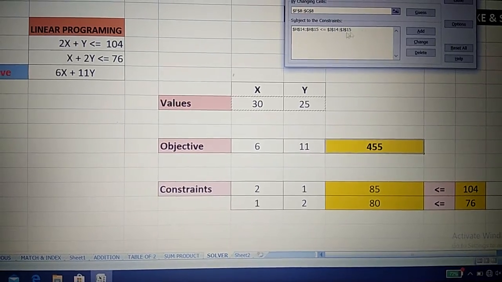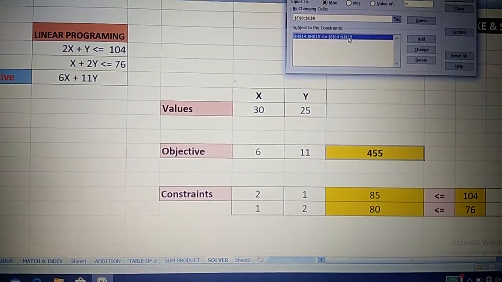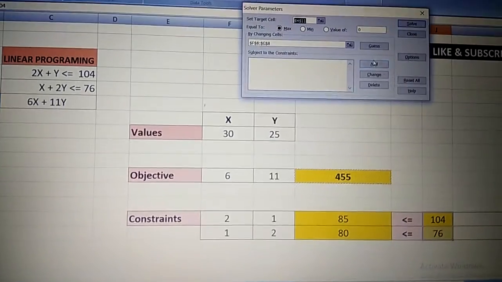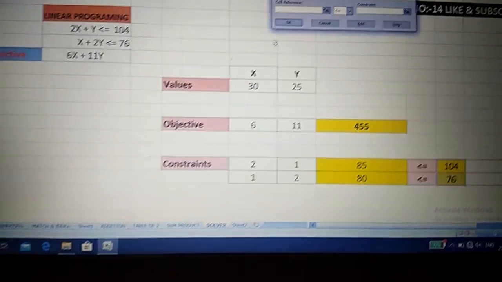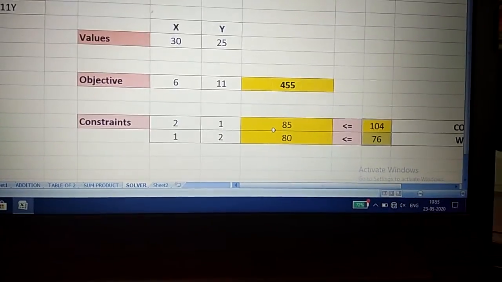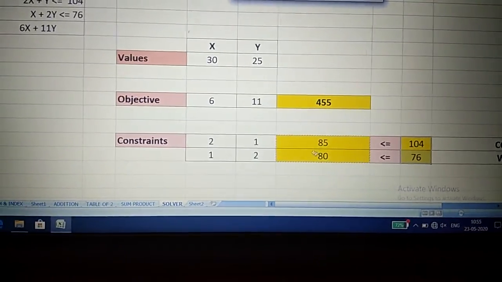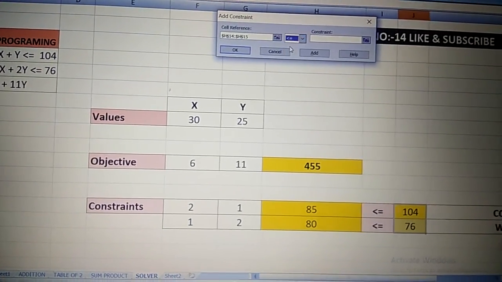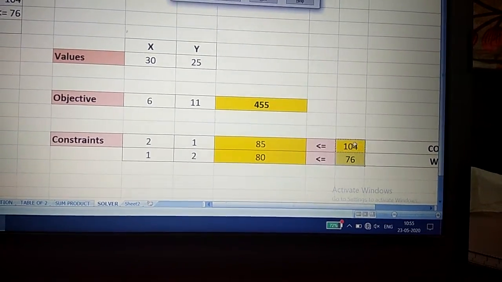Now I'm deleting this one so that it would be easy for you. Now go to Add, cell reference. Cell reference means the cells that need to be constrained. These are the two constraints. Select these two and go to this one. Less than or equal is already there, and the constraint values are 104 and 76.